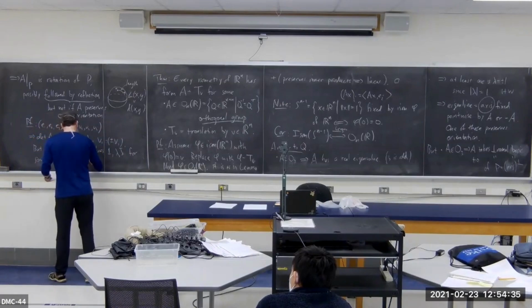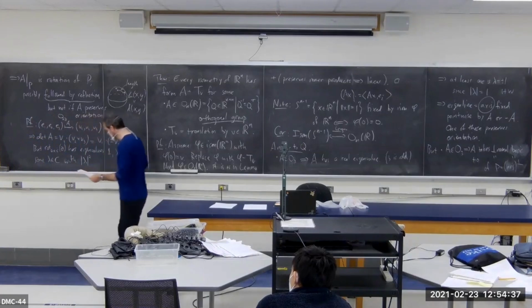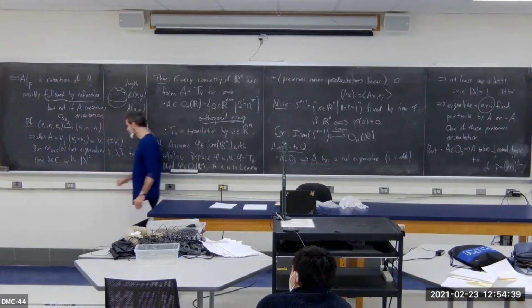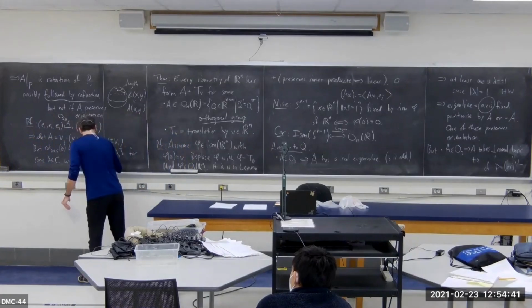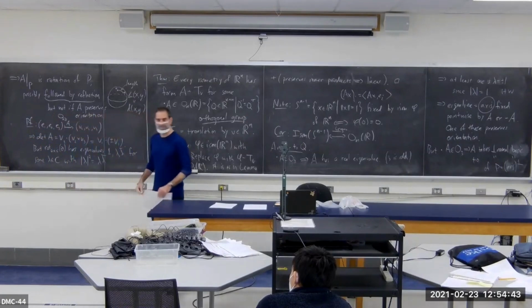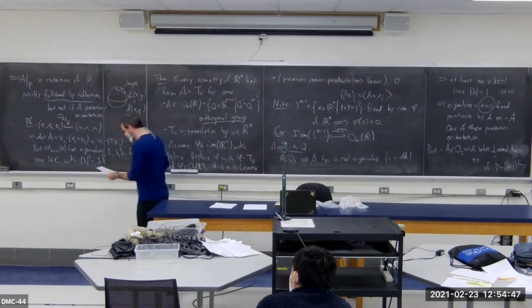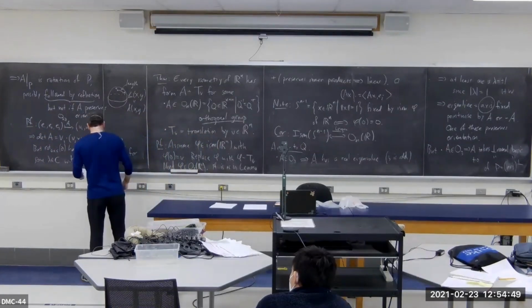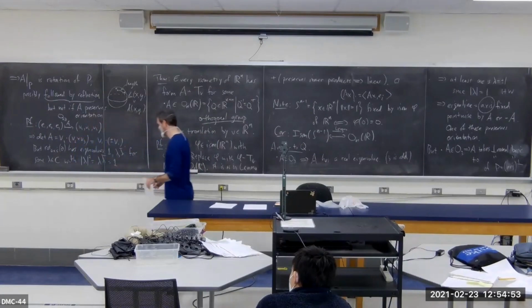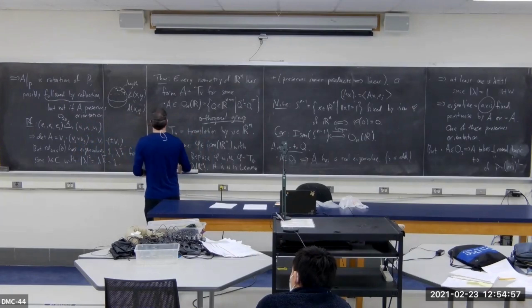What's the length of lambda? It's 1. Why is that? Well, this is lambda times lambda bar. Nicole, why did you say it was 1? You're not stretching things, you're just rotating them. So the length of lambda is 1.